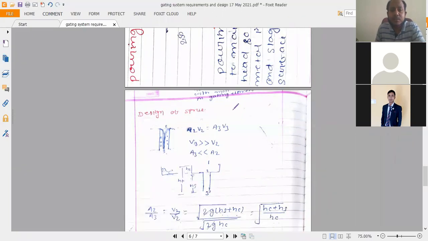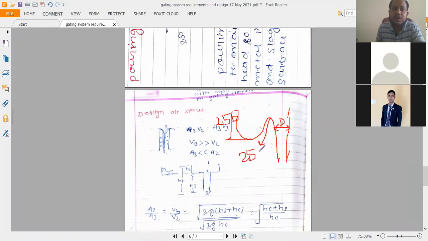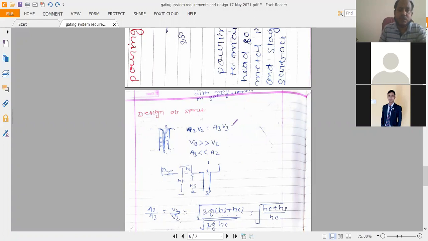We only have to keep this head at 2.5 times the diameter, and this curve should be 25 times the radius of this. This is the standard dimension as referred by the manufacturing association.